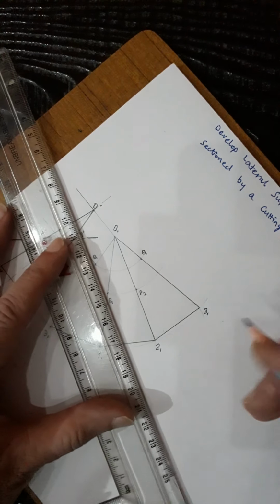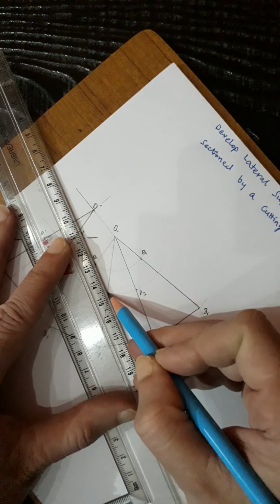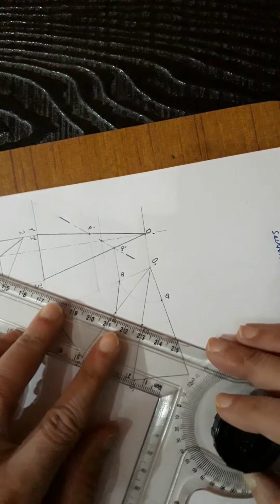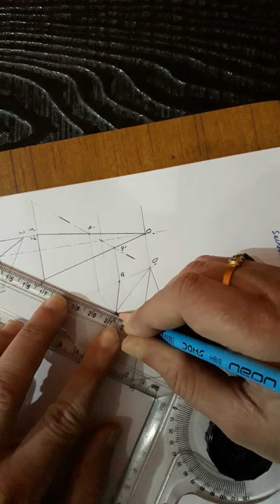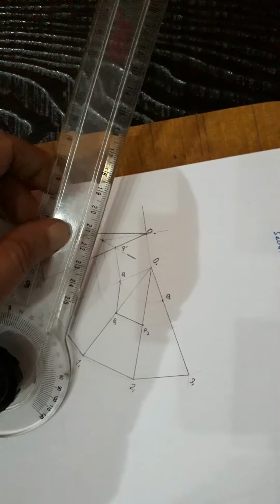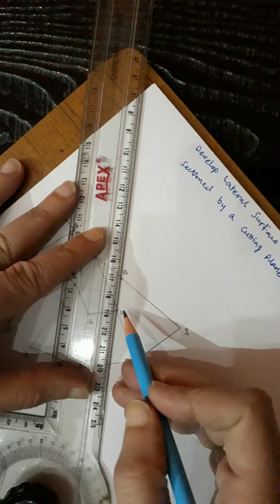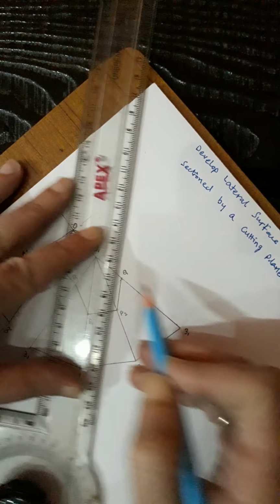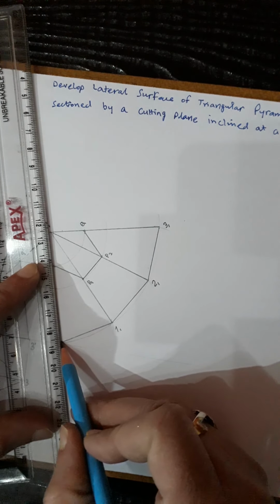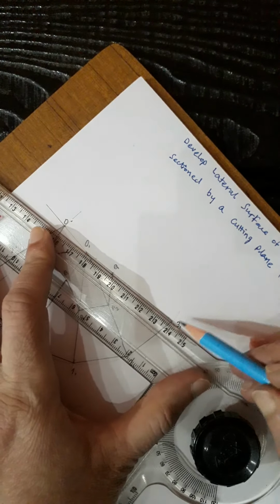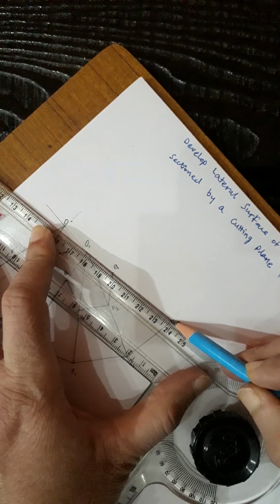Join Q with P1, P1 with P2, all straight lines, and then P2 with Q. You can make the outside edges thick as well. So this is already thick. So this is the development.